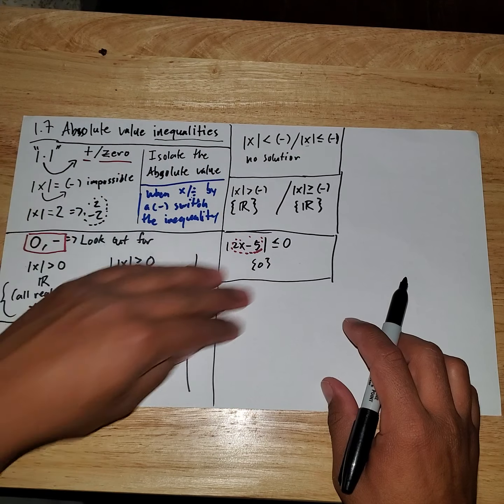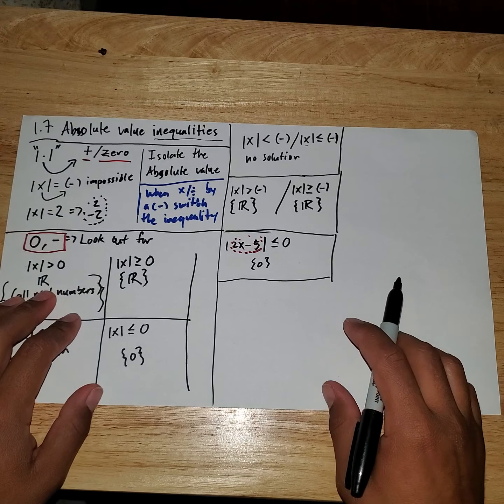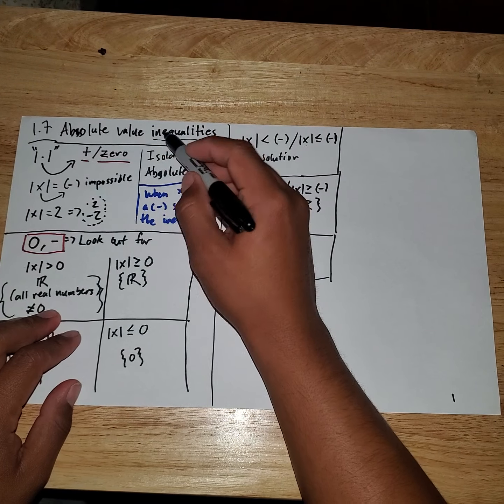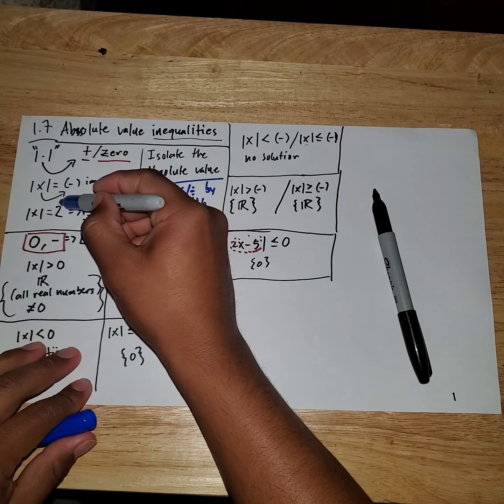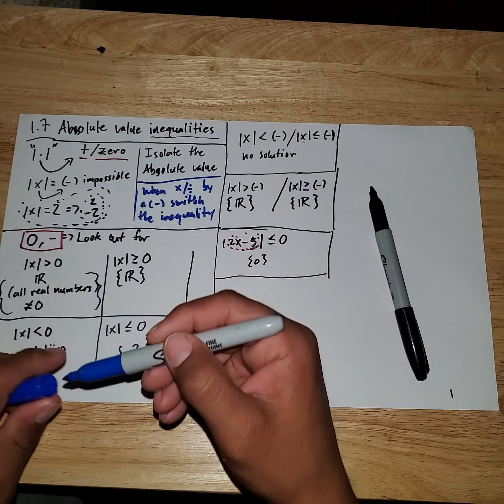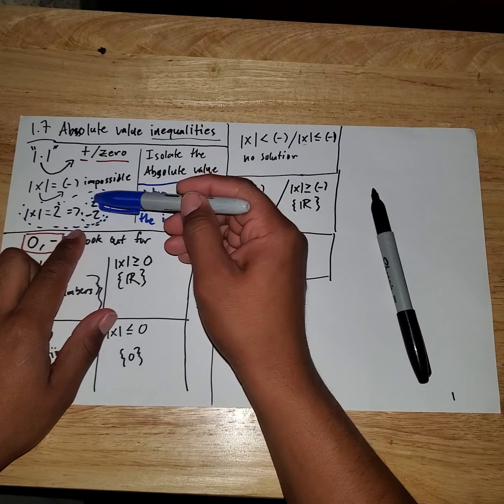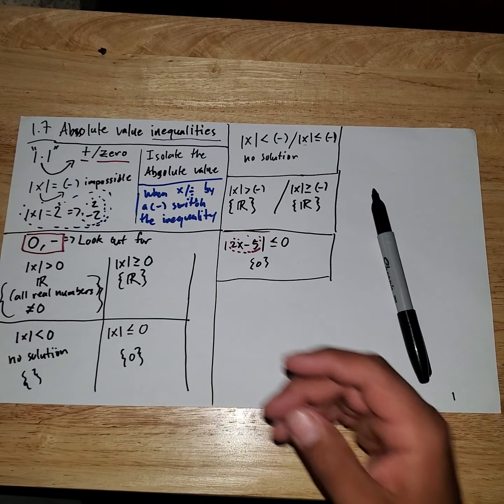Alright, these are just things to think about when we're solving absolute value inequalities. But now, when we actually solve them, we have to do this idea again, where once we were done isolating the absolute value, we always broke it up into two different problems.